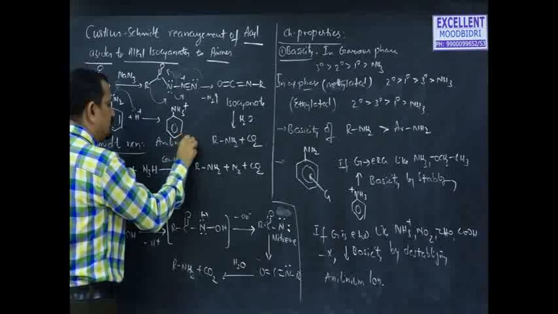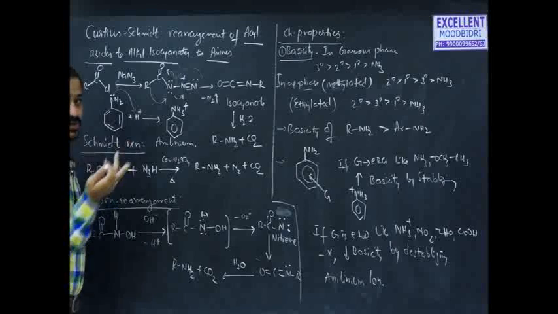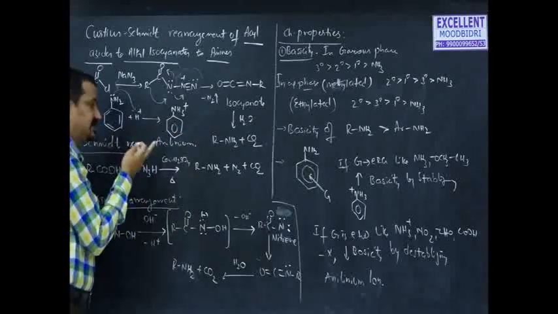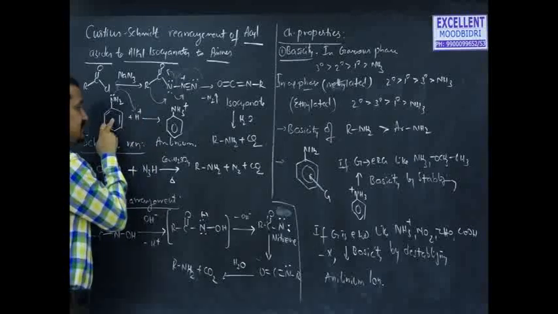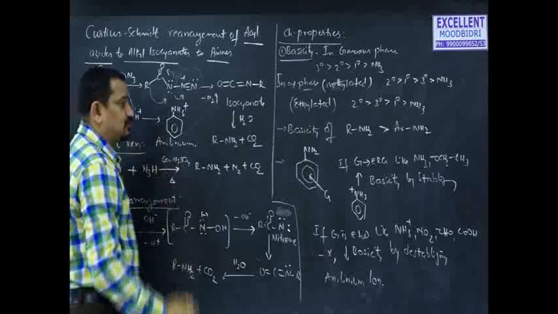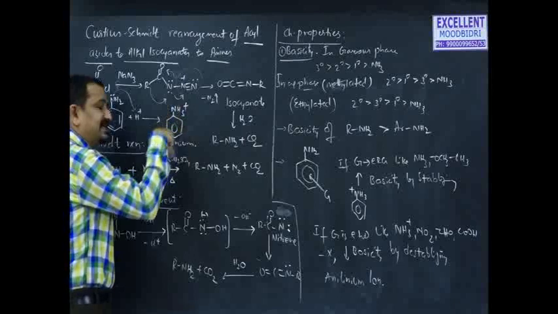As you know the concept, whenever the conjugate is more stable, the parent is said to be strong in its nature. To be called a strong base, its conjugate acid should be more stable, right? But there is no resonance happening in the case of anilinium ion.